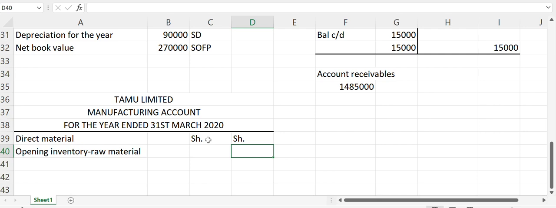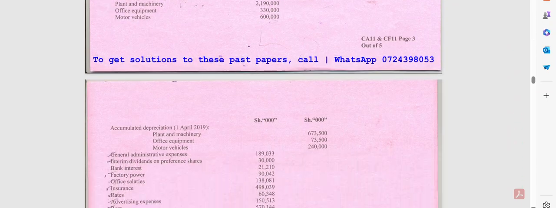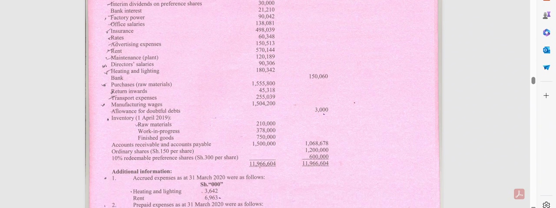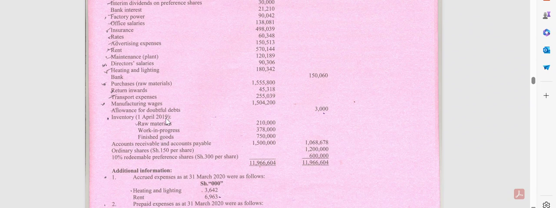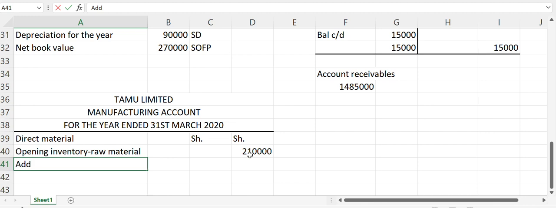Let us take the figure for opening inventory. We go to the trial balance. Opening inventory should be somewhere here, 1st April 2019, yes, 10,000. So we record the 10,000. Then you add purchases.